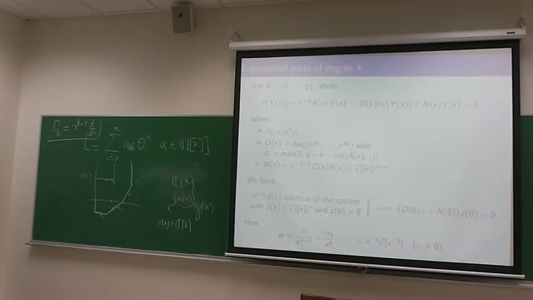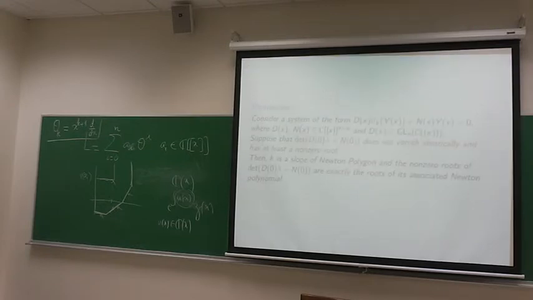As z of 0 is non-zero, then the determinant of this matrix pencil must be equal to 0 at alpha. Okay? So you get the following proposition.